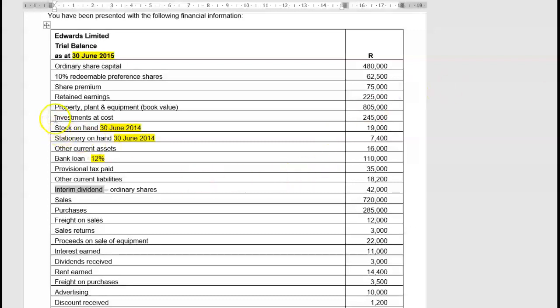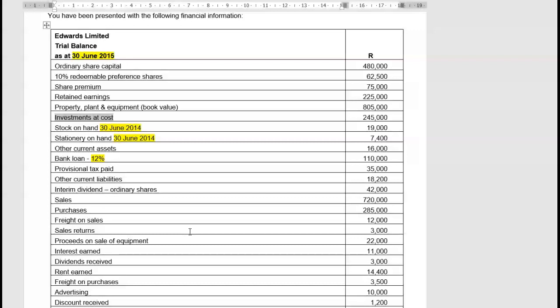However, if an entity has a share investment in another company, and here we have investments at cost, then most probably this company, Edwards Limited, could have received a dividend from the shares that it holds as an investment in another company.